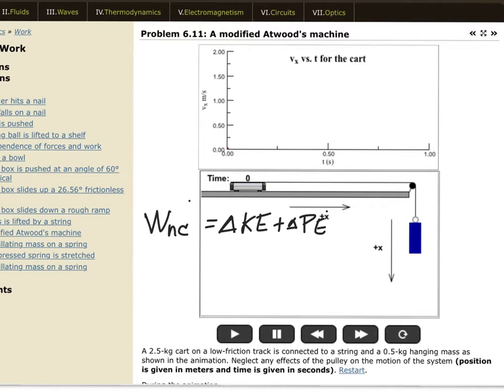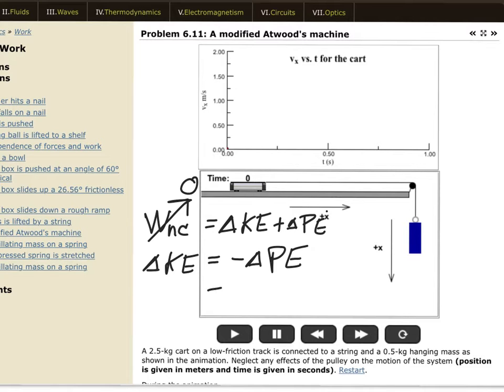But since it's frictionless, this term is 0. And so the change in kinetic energy equals negative the change in potential energy.